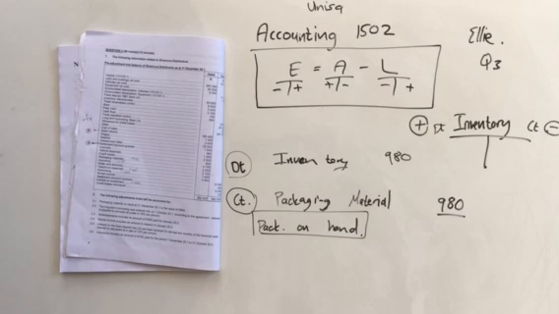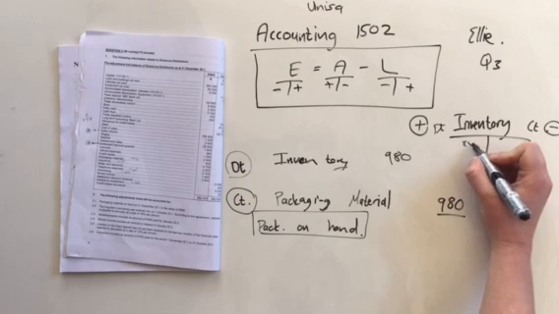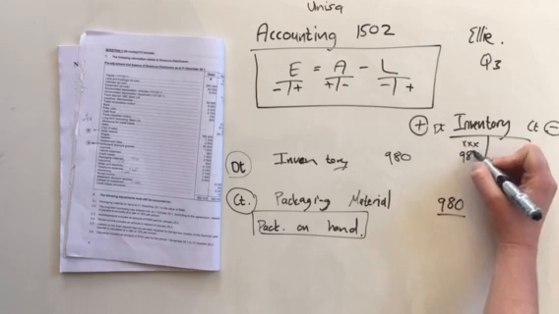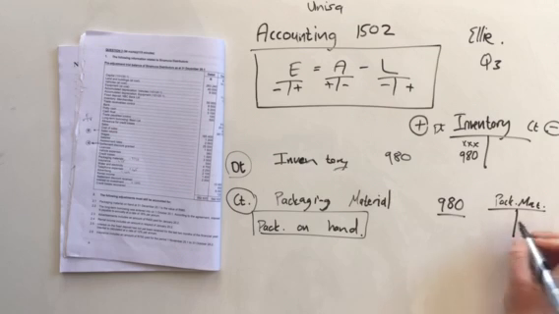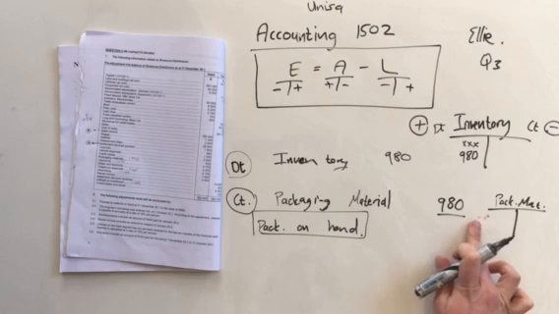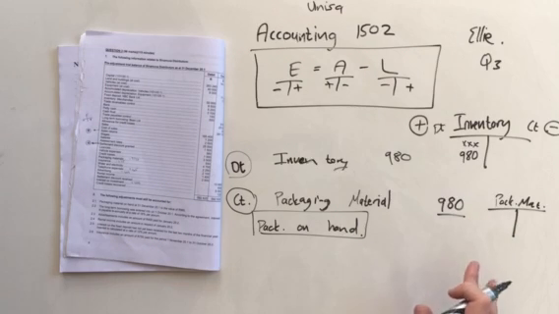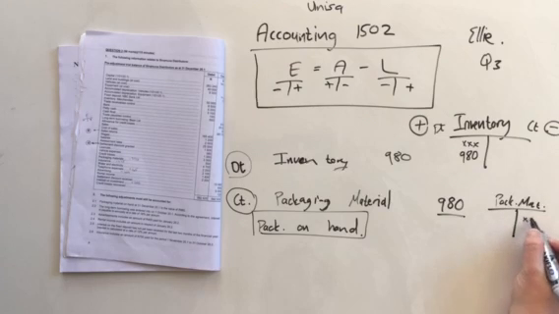Because we didn't use it, so at the end of the year we still have it. So inventory we're going to write on this side, 980. And then the packaging material, which is an expense that we did not use. So if it was an expense, we would have written it here, but it's actually not an expense because it's expense that's left over. So we're going to credit it on this side.